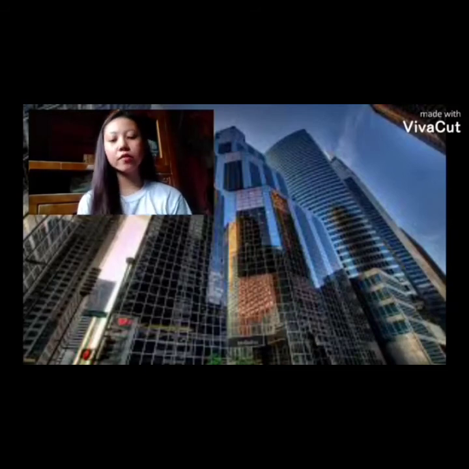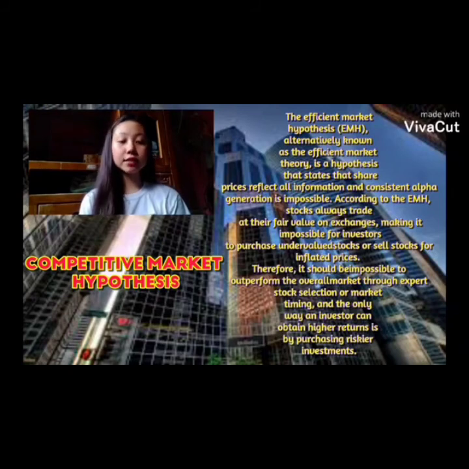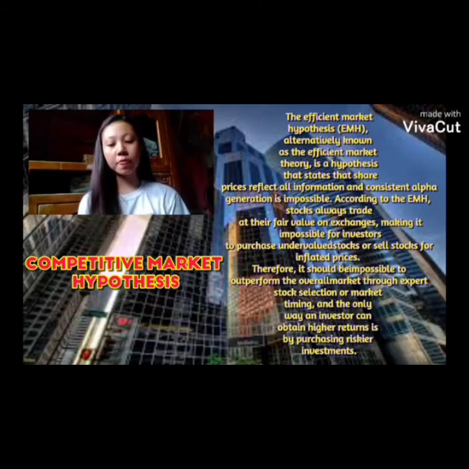So, here we go. We have the efficient market hypothesis. So, what is the efficient market hypothesis? The efficient market hypothesis, or the EMH, alternatively known as the efficient market theory, is a hypothesis that states that share prices reflect all information and consistent alpha generation is impossible.